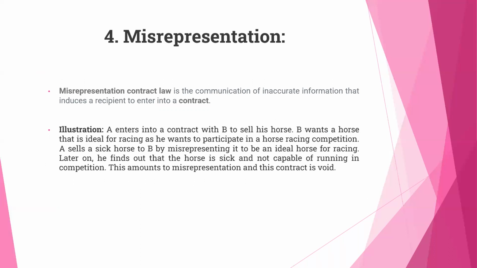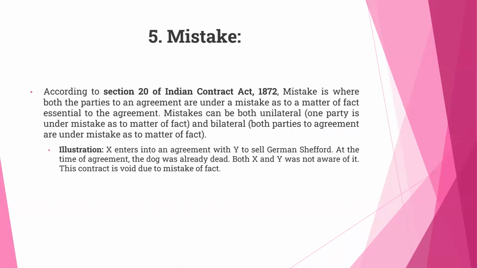B wants a horse that is ideal for racing as he wants to participate in a horse racing competition. A sells a sick horse to B by misrepresenting it to be an ideal horse for racing. Later on, he finds out that the horse is sick and not capable of running in competition. This amounts to misrepresentation and this contract is void.